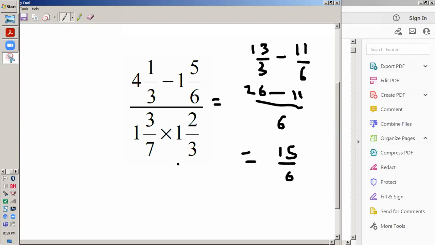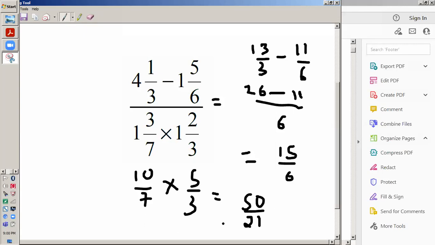All right. And the bottom piece is going to be what? 10 over 7 times 5 over 3. Nothing can cancel, true? So you multiply across. That's 50 over 21. Correct? Yes, sir. Right. So remember now, we're dividing, so the 15 over 6 stays to the left.